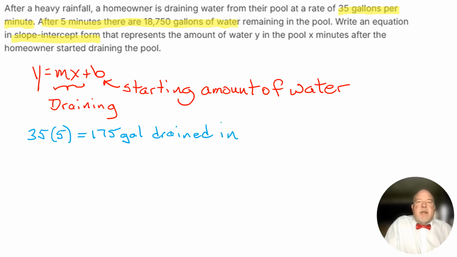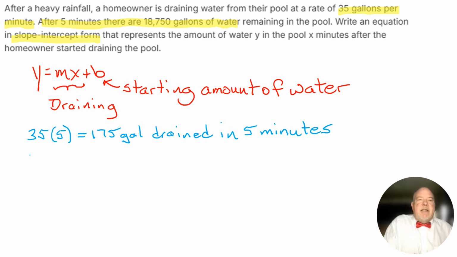Now we need to figure out how much water was in the pool to begin with. We know that in those 5 minutes, it lost 175 gallons of water. So all we have to do is add the 175 to the 18,750, and that will give us the starting amount of water.